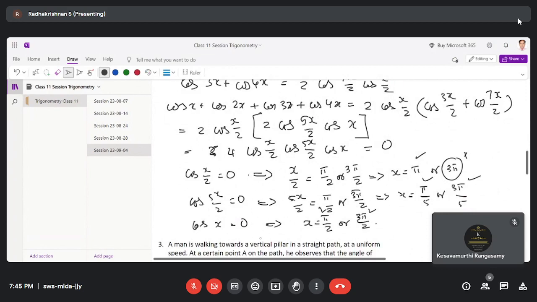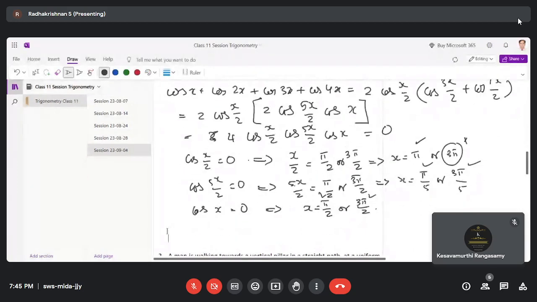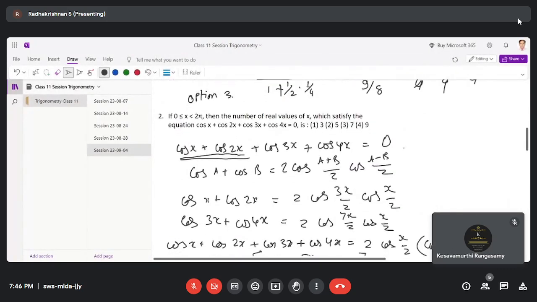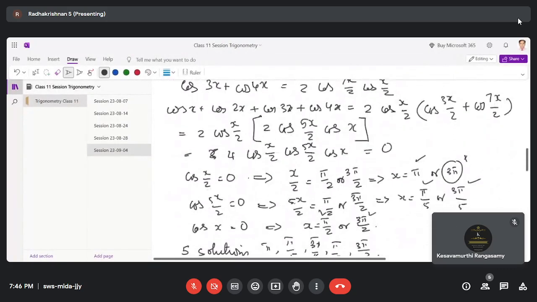So these are the 5 solutions. So 5 solutions. Option 2.